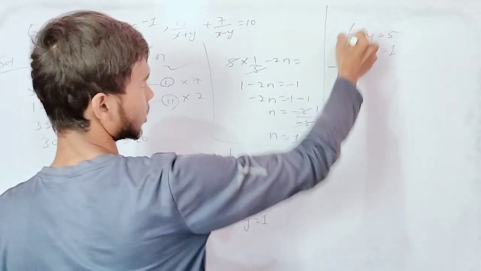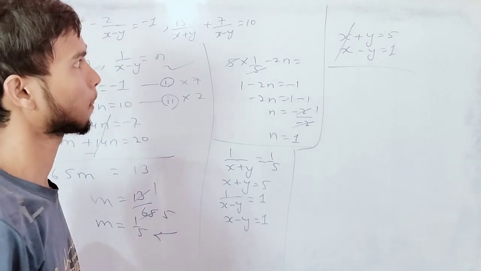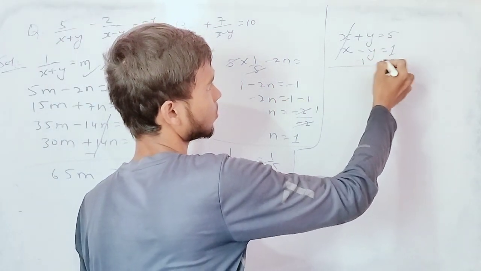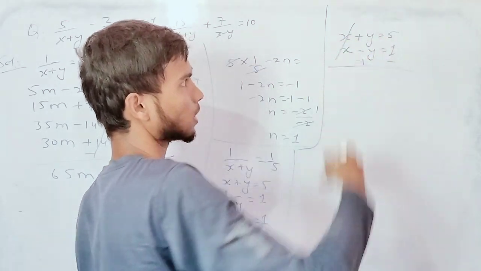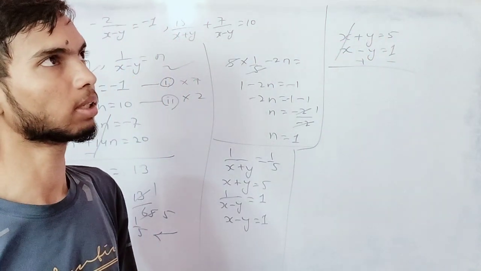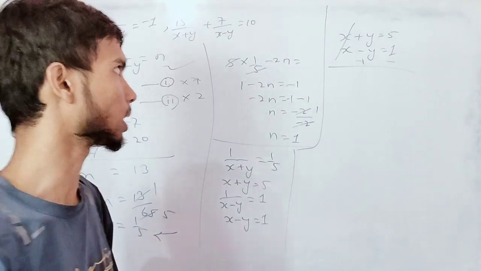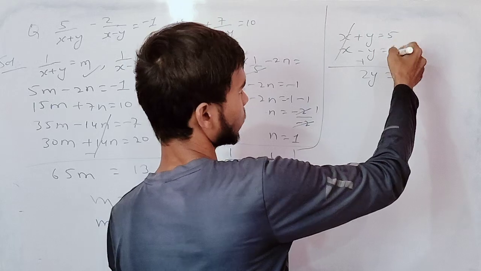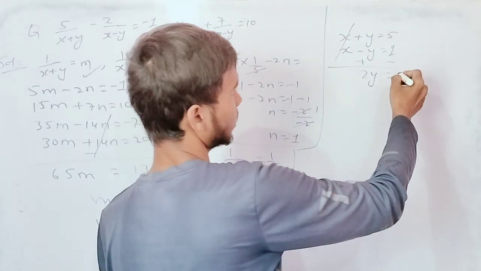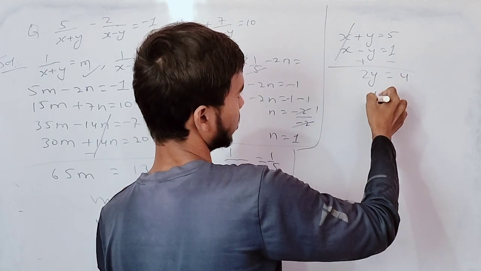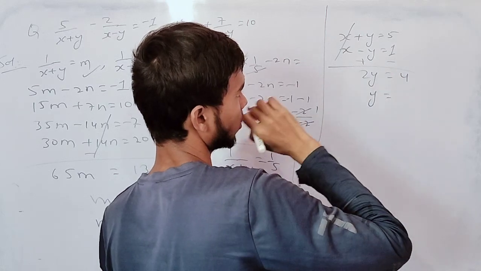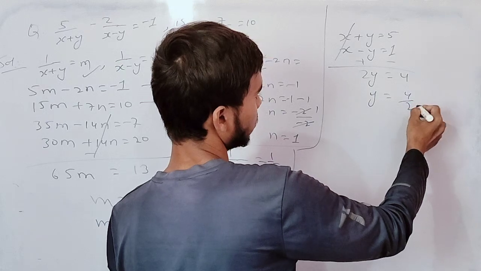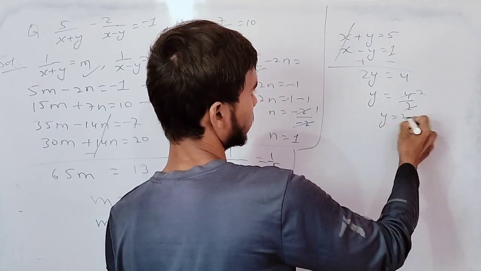Here this is 13. Now the signs are the same, it means we will subtract. So 2y and 4. 4 upon 2, y is equal to 2.